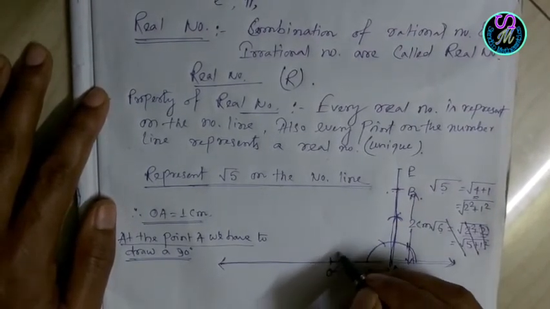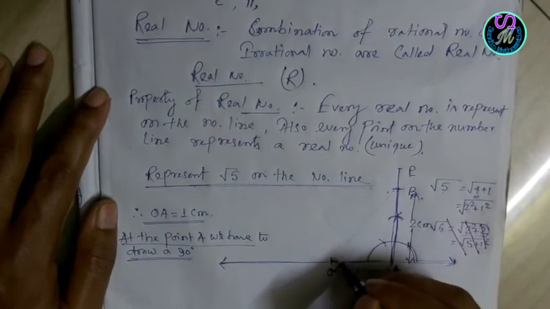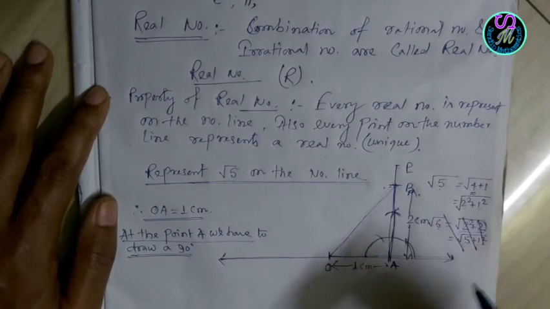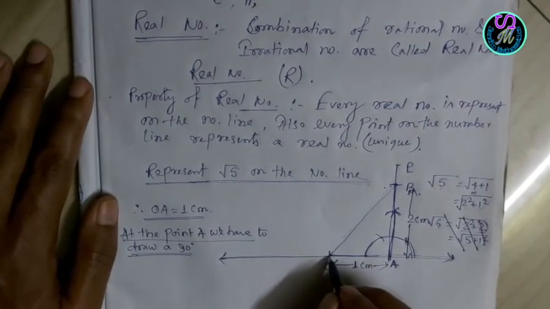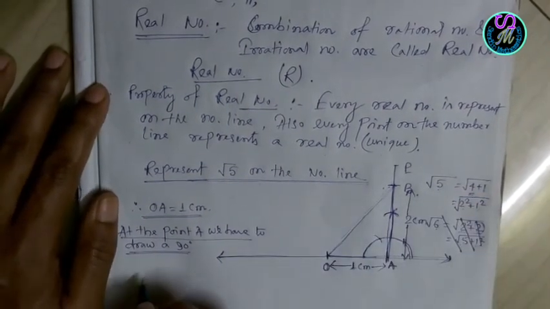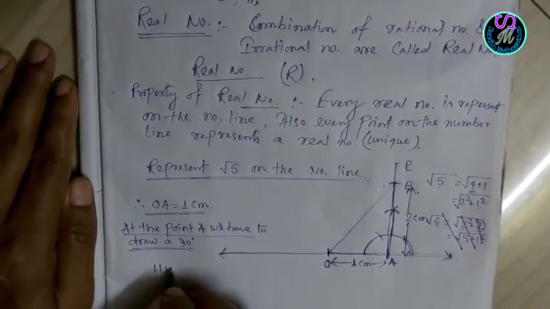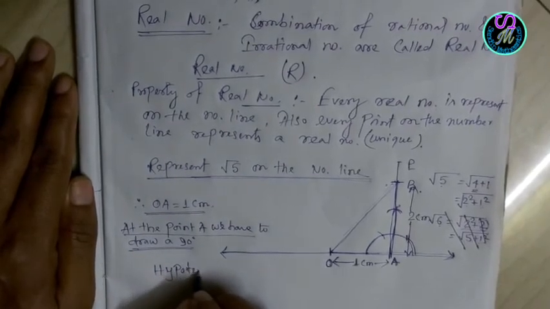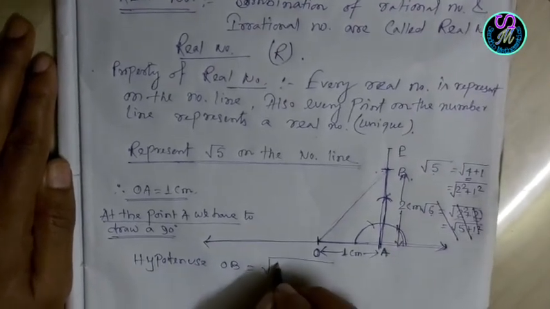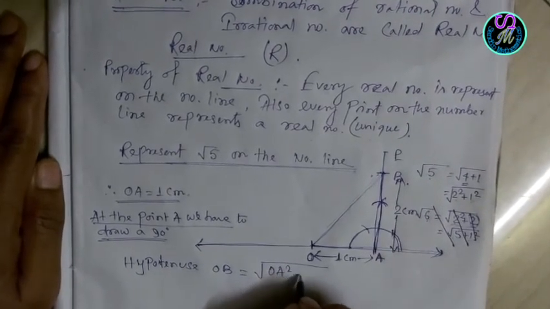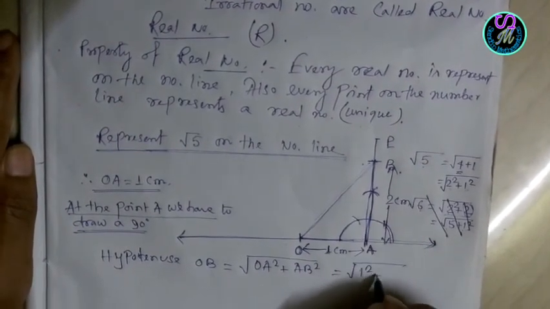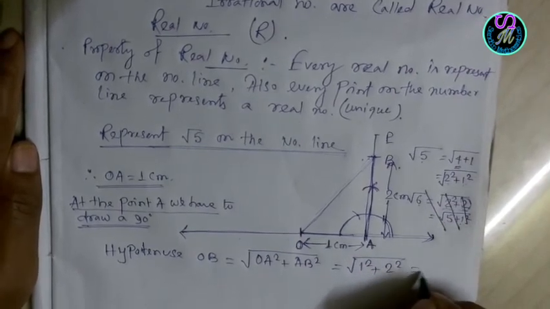If you join O and B, this is a right angle triangle, in which OA is 1 centimeter and AB is 2 centimeters. So OB is the hypotenuse, equal to the square root of height square plus base square, that means 1 square plus 2 square. So this one is root 5.